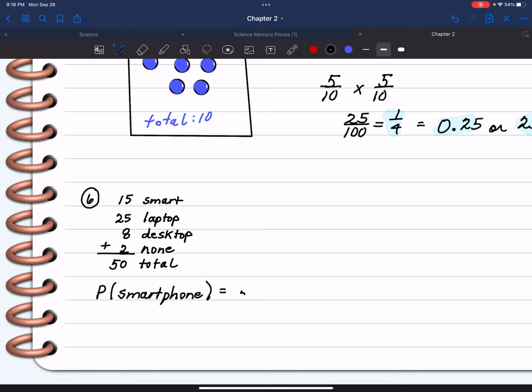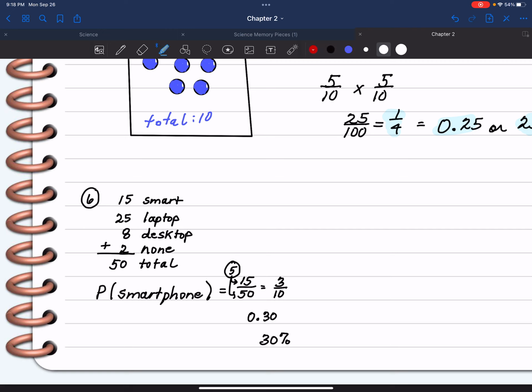Well, in our experimental probability, we had 15 out of 50 who said they use a smartphone. And if you simplify that by 5, you should get 3 over 10. So that would be 30% or 0.30.